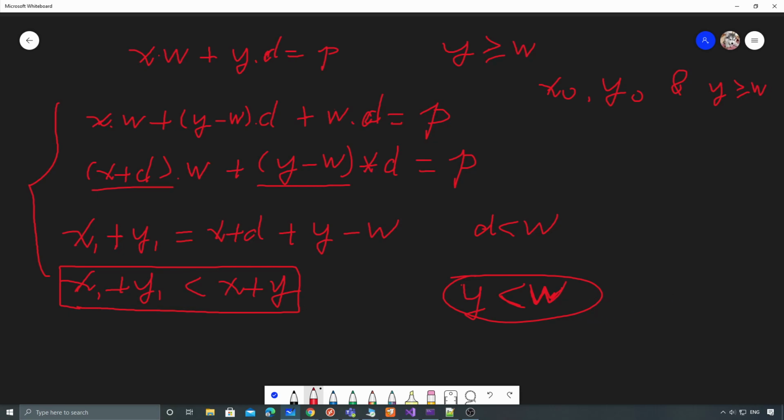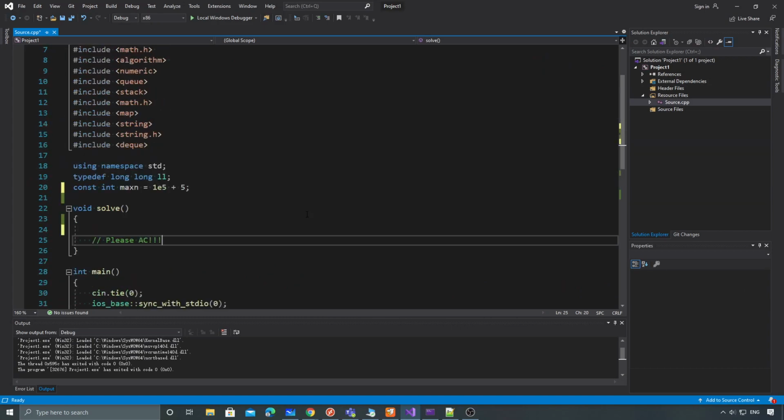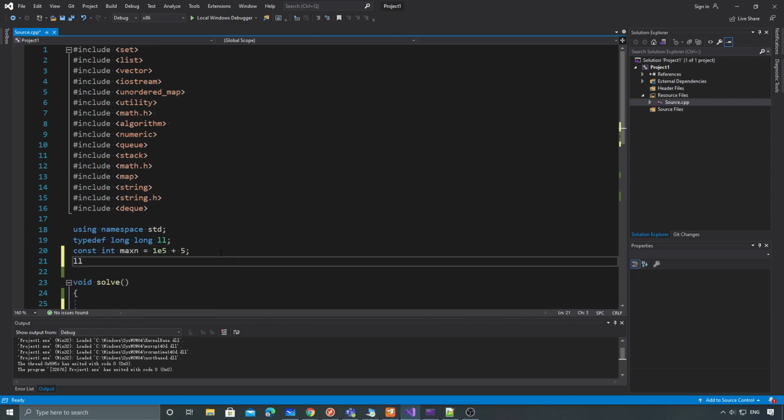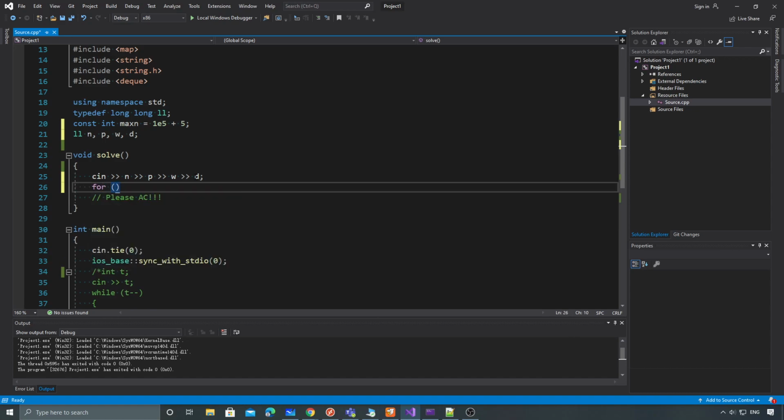Okay, and let's do it. So to search that, let's define some variables: N, P, W, and D. And to read in the values, we have N, we have P, we have W, we have D. So basically, we just need to search from 0 to W: y starts at 0, y smaller than W, and y plus plus.